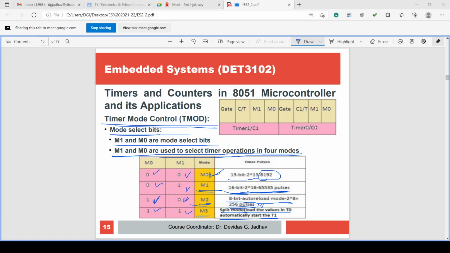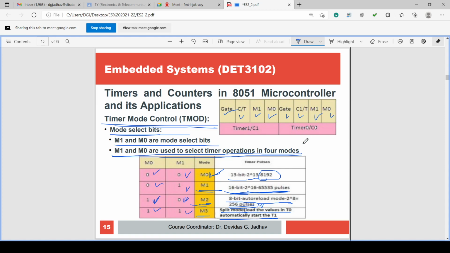So there are two timers, T0 and T1, and each timer, T1 and T0, is having 4 bits. One is gate, both are having gate. One is C oblique T, both are having counter or timer selection. And one is M1, M0.